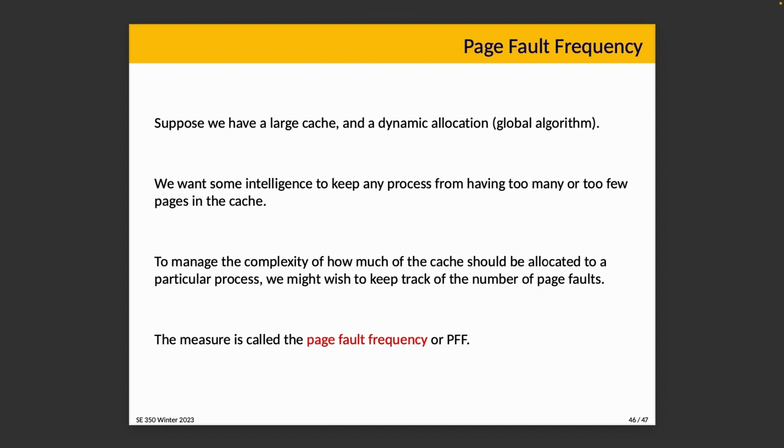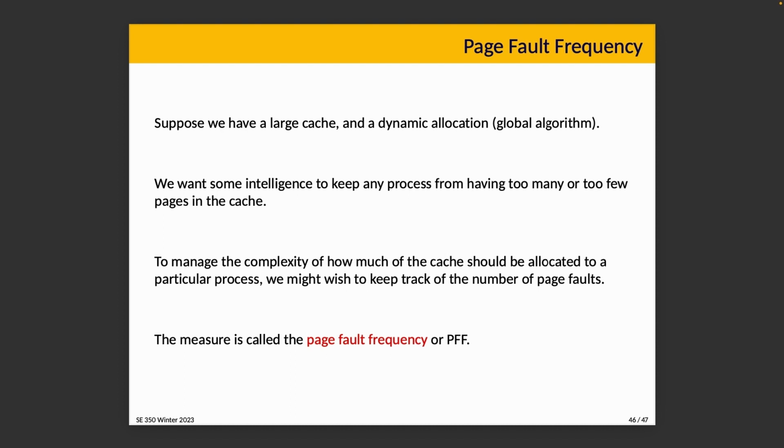But if we have a large cache and some dynamic allocation using a global algorithm, we might choose to modify that a little bit to prevent any process from having too many or too few pages in the cache. So we don't want to let one process monopolize it to the detriment of others. But why would we be worried about too few?